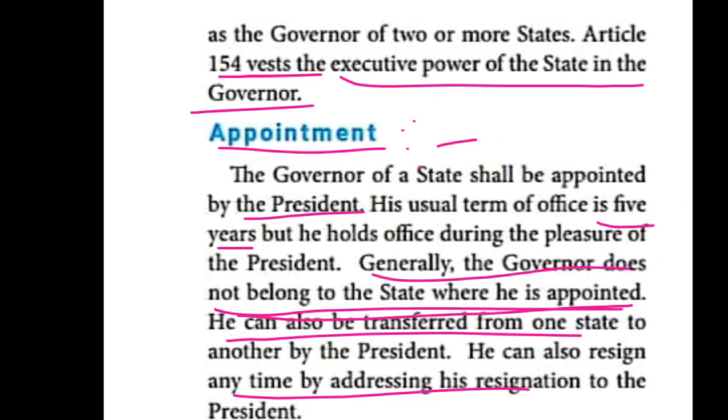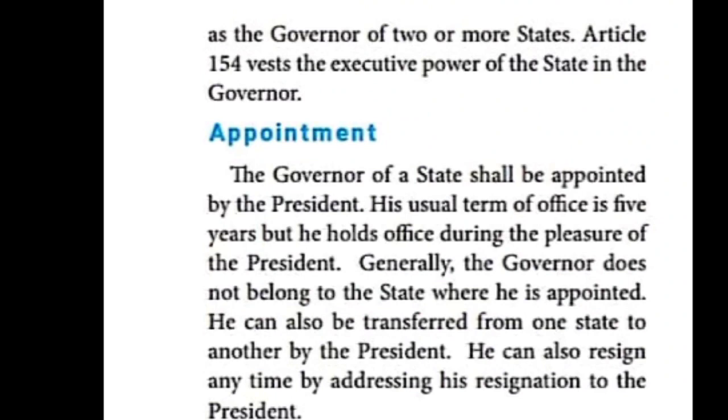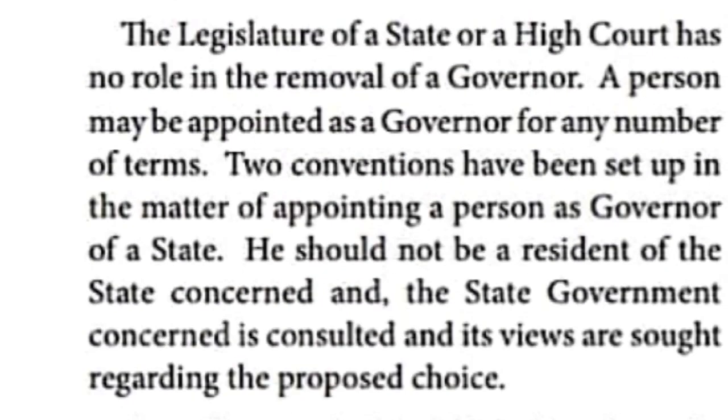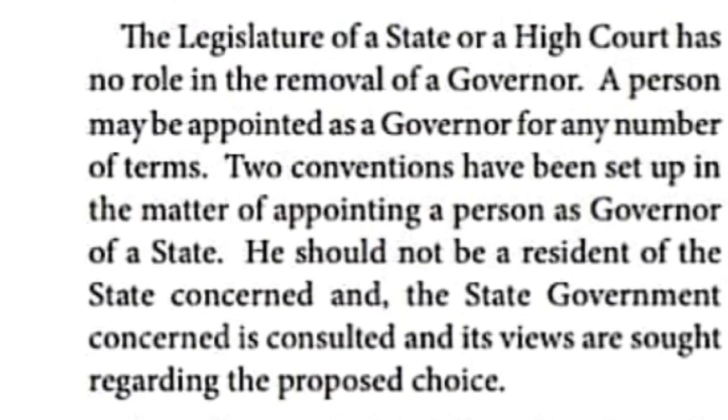There are 3 paragraphs under the appointment. The first para is over. The next para, what is given? It concerns the legislature. The legislature of a state or a high court has no power to remove the governor from his post. No one has the power.